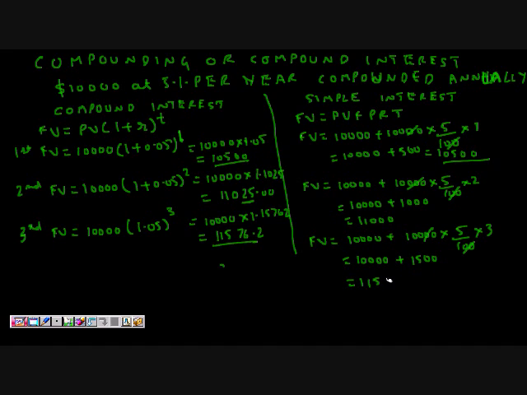So again, as you can see, at the end of third year, if you just use simple interest, you'll have 11,500. But with compound interest, you'll have 11,576.2, or $76 more if you compounded the interest. And this $76 extra is the extra interest that you earn on top of the interest. So that's the difference between the simple interest and compound interest.